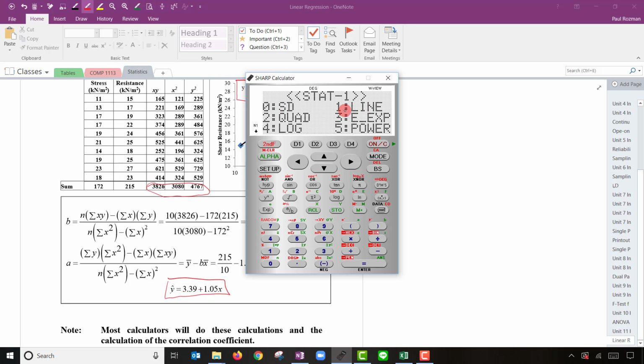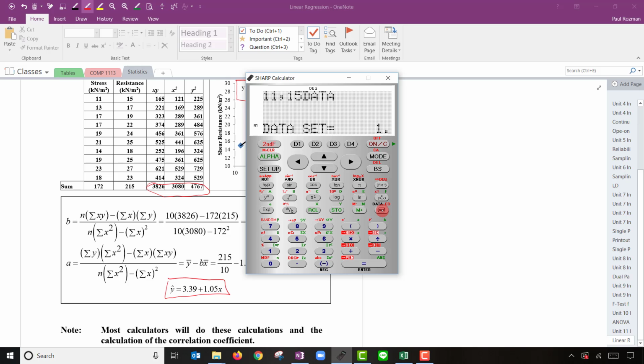We can now go into mode 1, which is line mode, and then you can enter your values. For this example, say our first data point was 11, 15, so I type 11, and then I believe you have to hit a comma, 15, and then your data button.